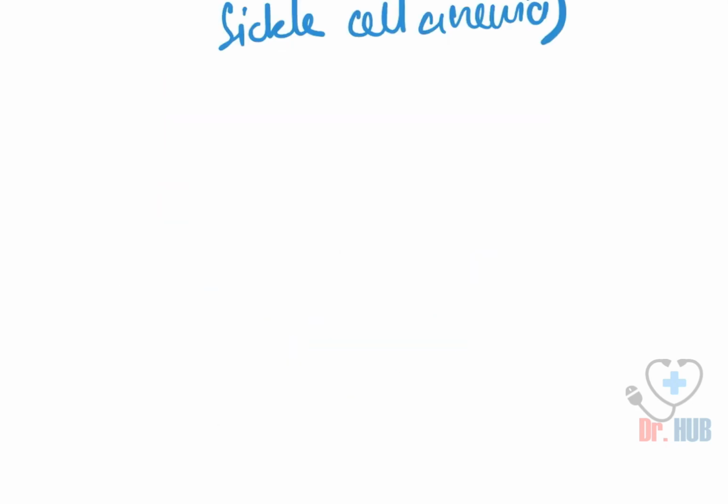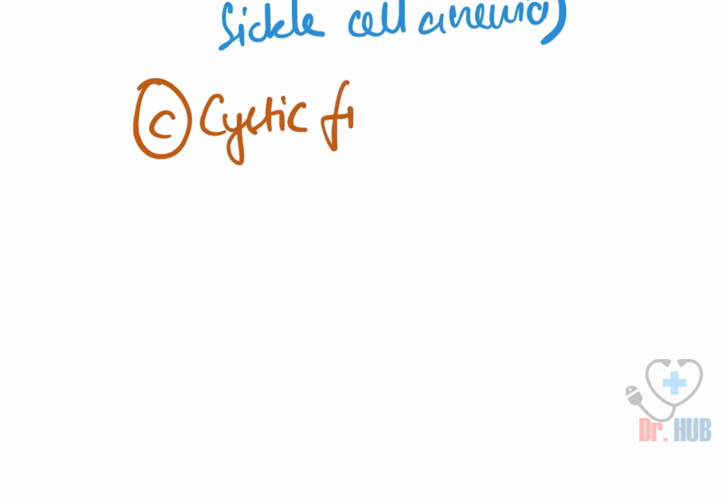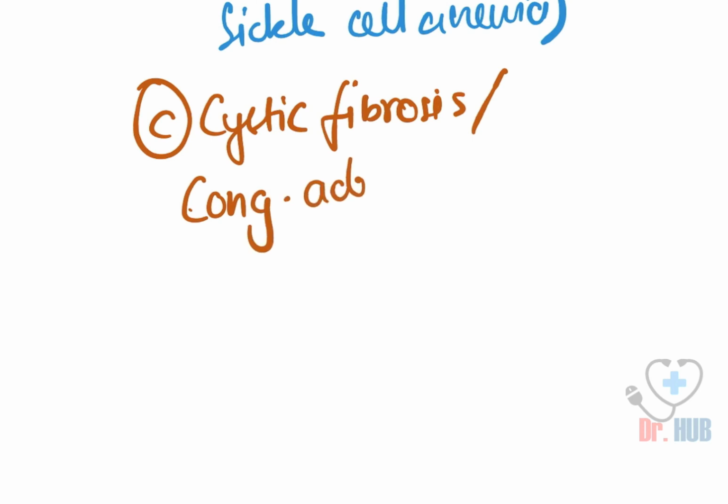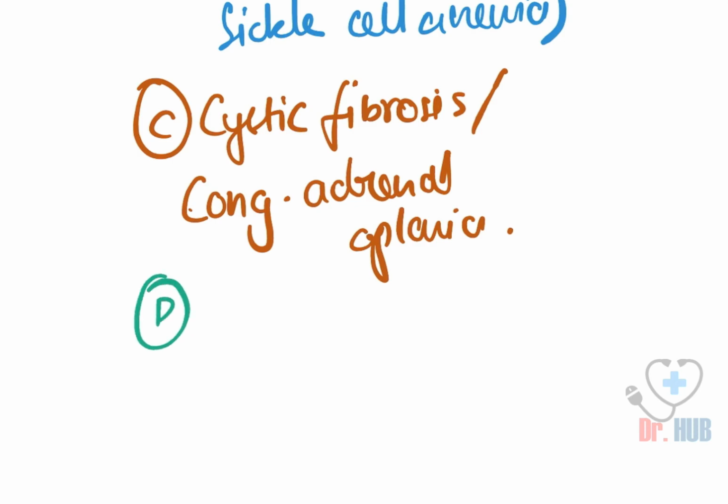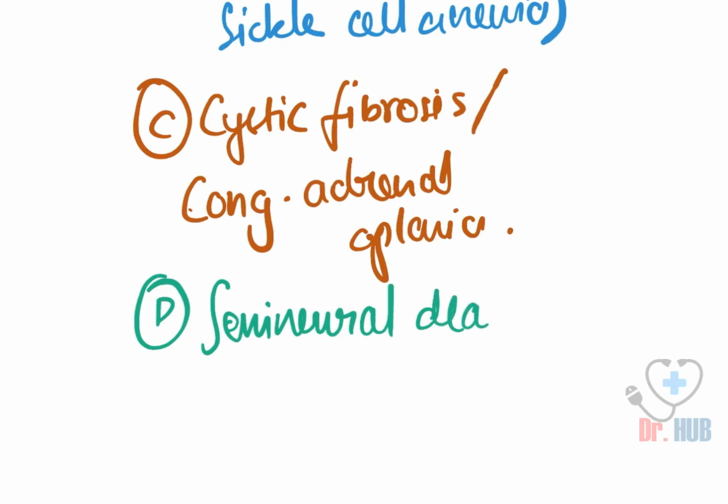Next, we move on to the letter C. So under C, there is cystic fibrosis, as well as congenital adrenal hyperplasia. So after letter C, we look at the letter D. So letter D stands for sensorineural deafness.